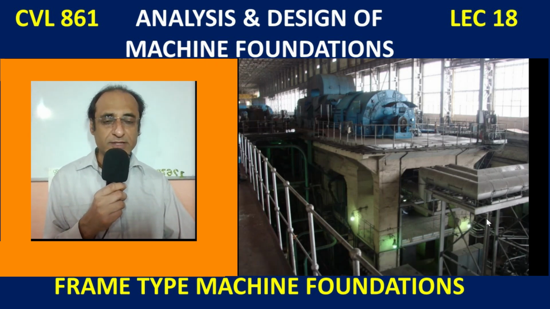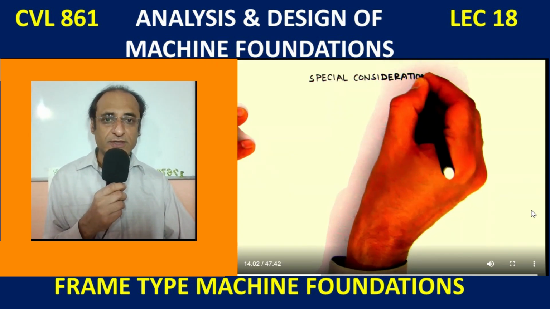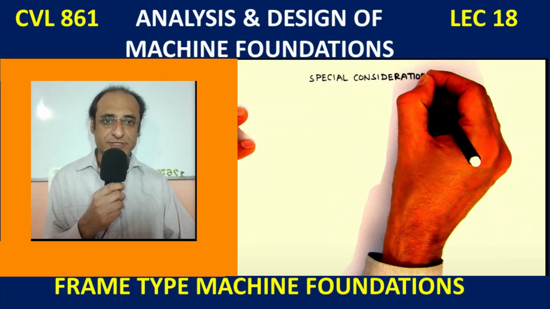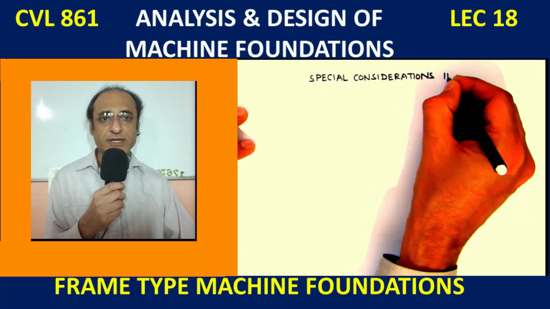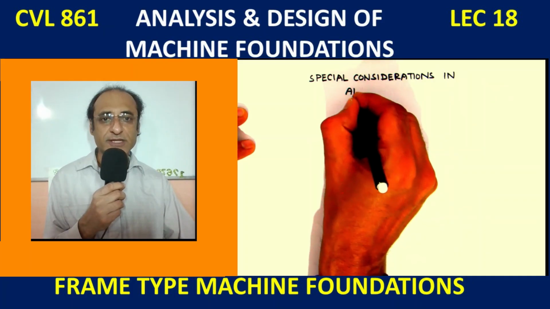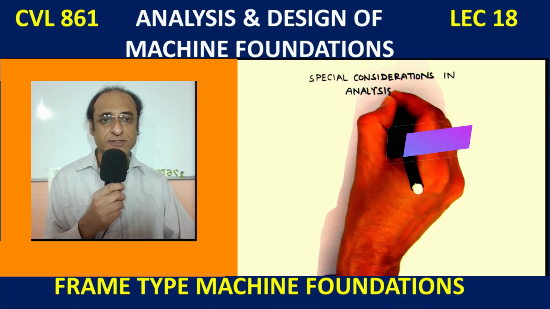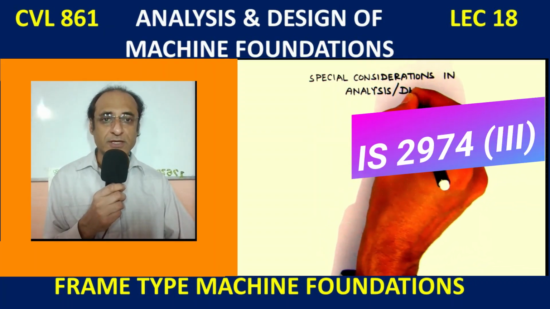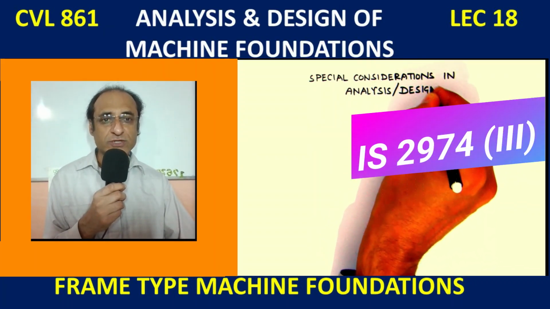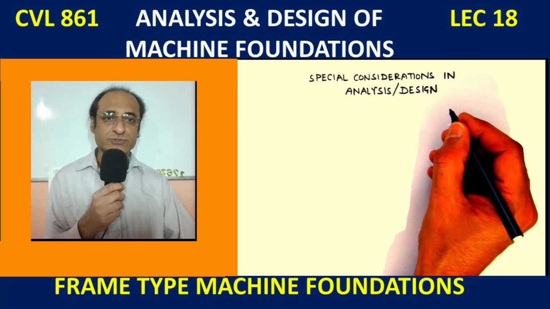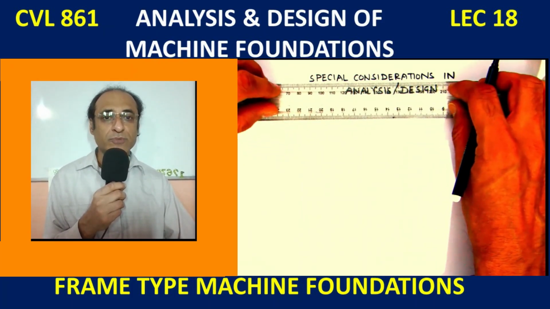Now what we'll study today is some of the special design considerations. We are basically just covering some of the design considerations which are there in IS 2974 part 3. So we just see what is different here as compared to the block type foundations.